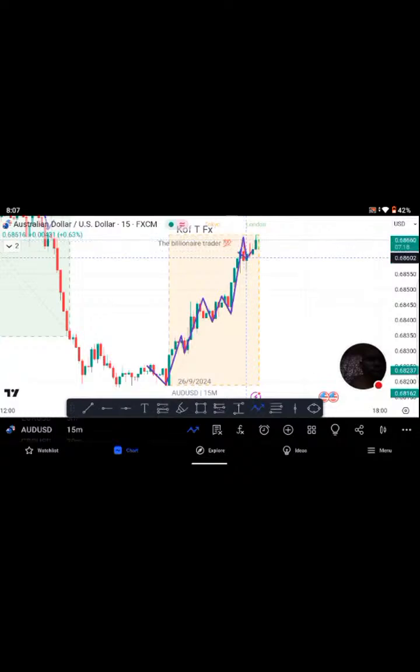As you can see, there is no setup on the buy side. So let's go to the other side to see if we are going to see a trading opportunity.